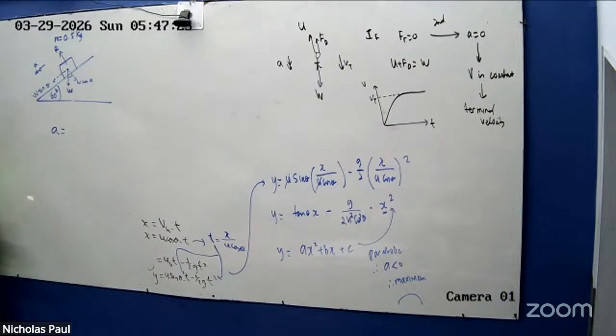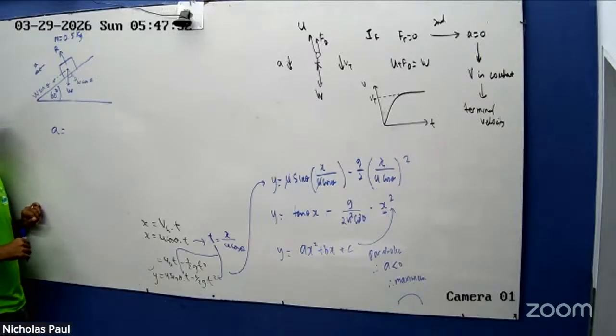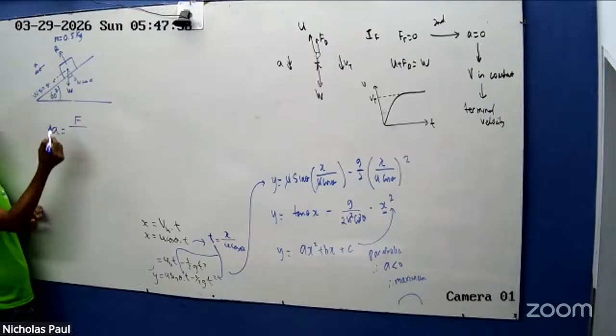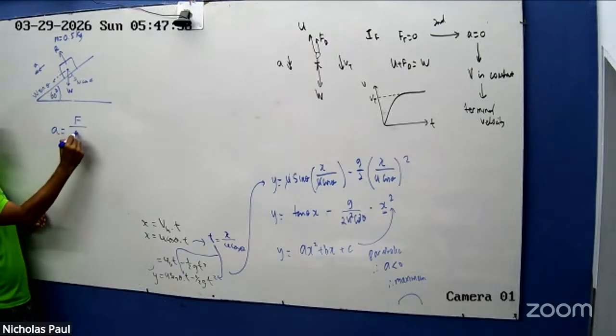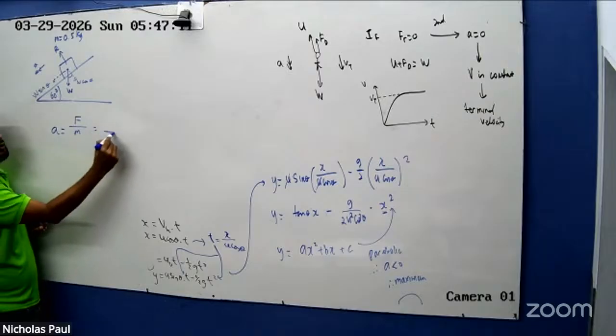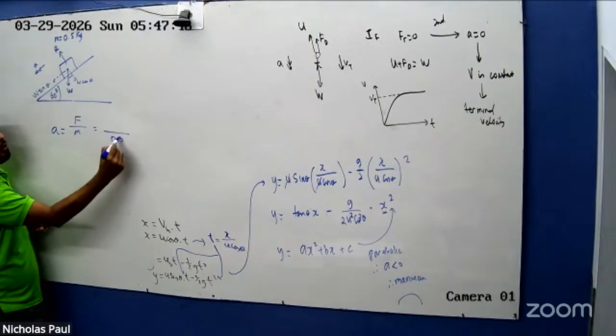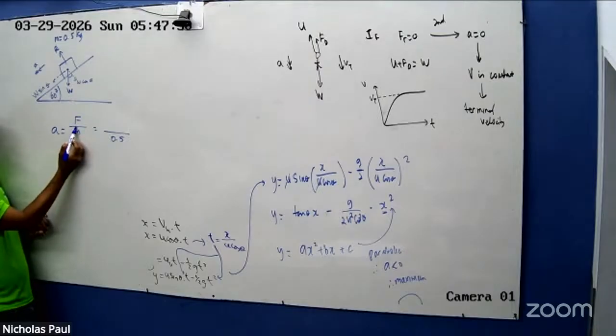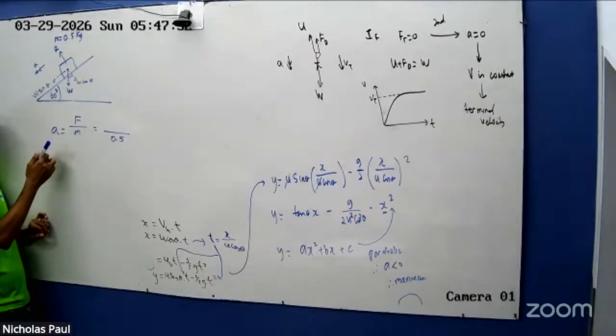F over m, because we have no velocities. Do we know the mass of the object? Yes. So your goal is to find a, which means finding F. What is the force that is creating the acceleration?